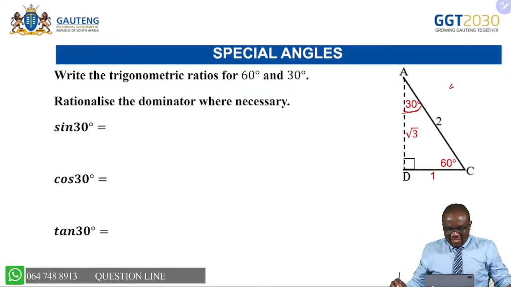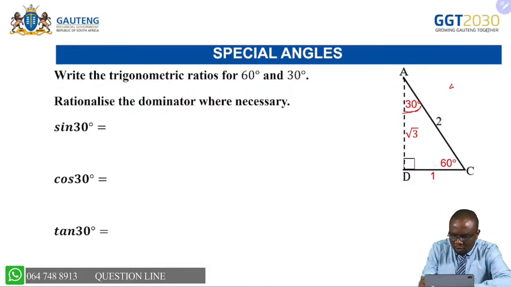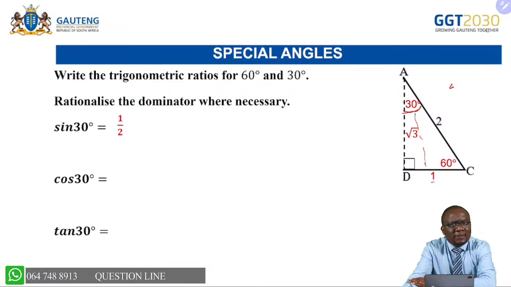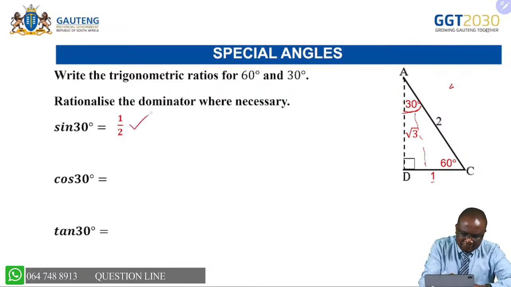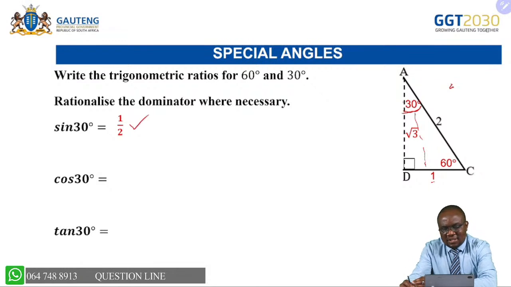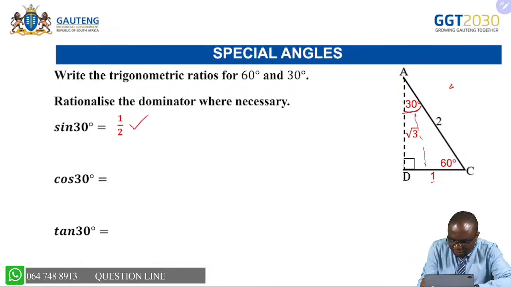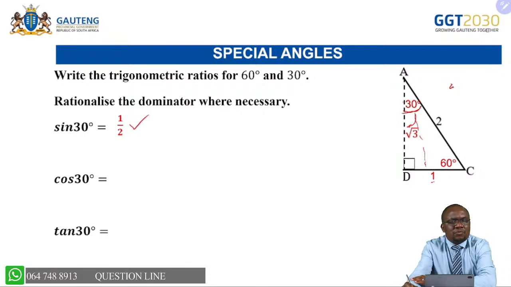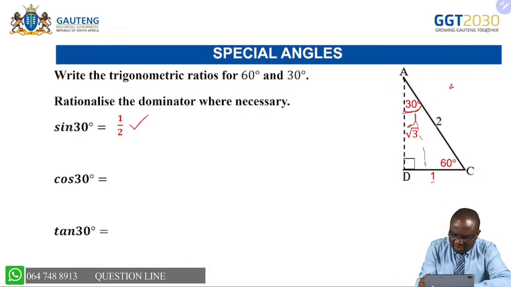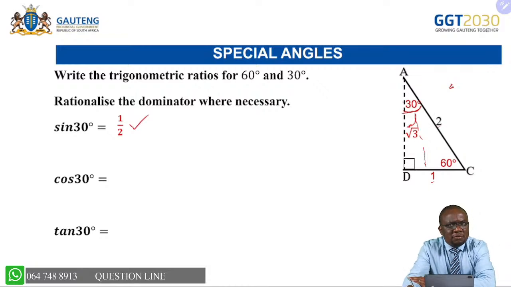Right, welcome back, grade 10s. Did you manage to get the 3 trigonometric ratios? Sine 30, opposite is 1, hypotenuse is 2, because the opposite side is DC and the hypotenuse is AC. So sine 30 is 1 over 2. Mark that. Cos 30, adjacent, the side next to the 30 degrees, is square root of 3, and the hypotenuse is 2, so cos 30 is square root of 3 over 2.